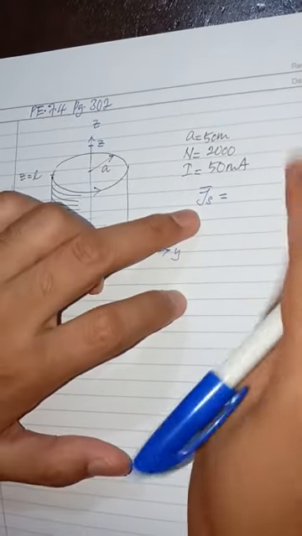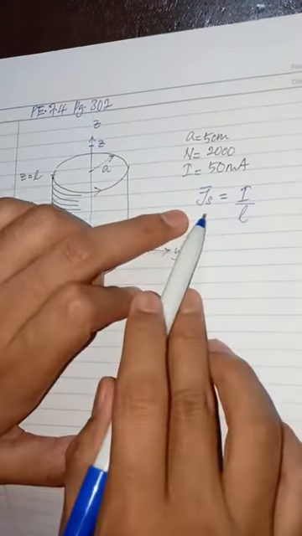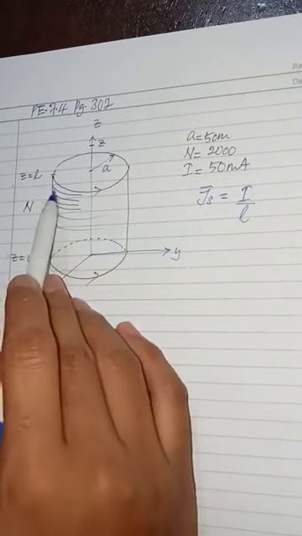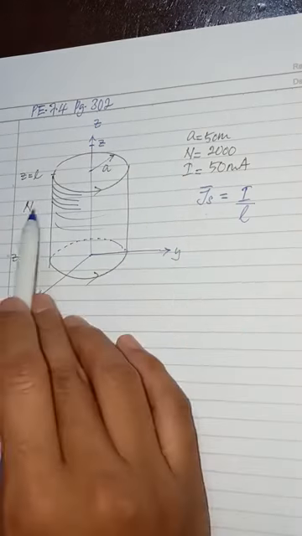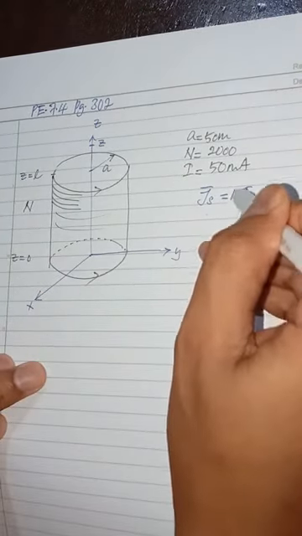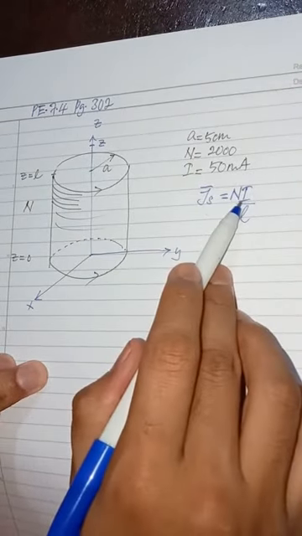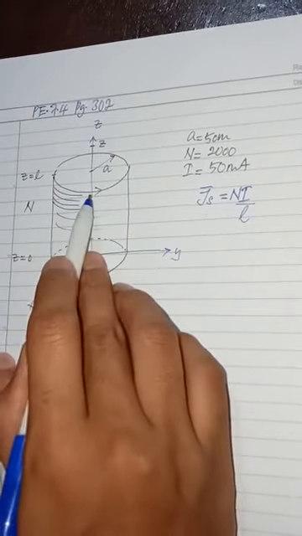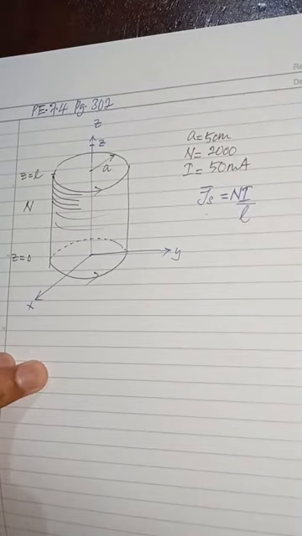It can be obtained from the equation of current over length, because the unit of Js is ampere per meter. However, in this case we have n turns, so we have to add this n term in front. It shows that the current is not only single, but we have multiple current loops. So just multiply n and I over L. That should be the equation of Js.